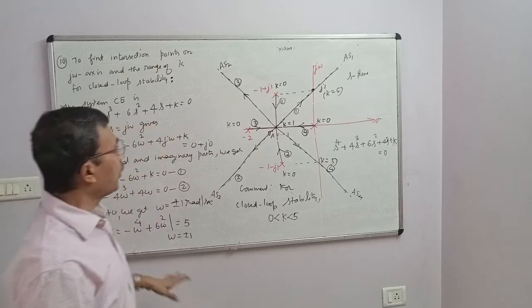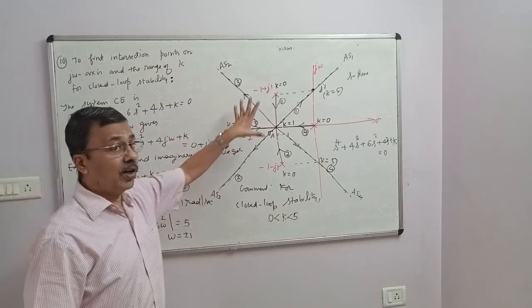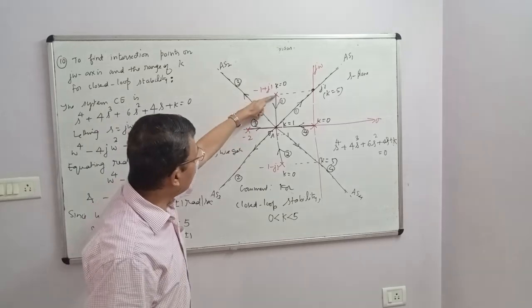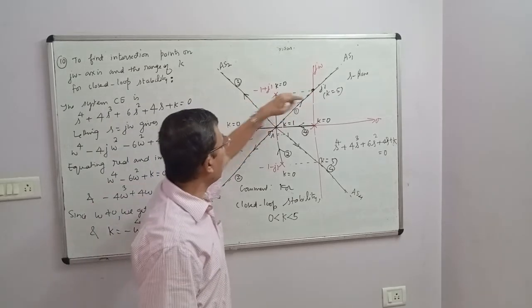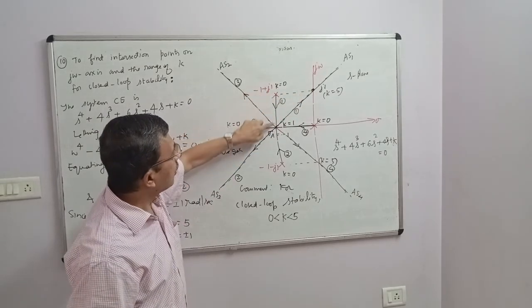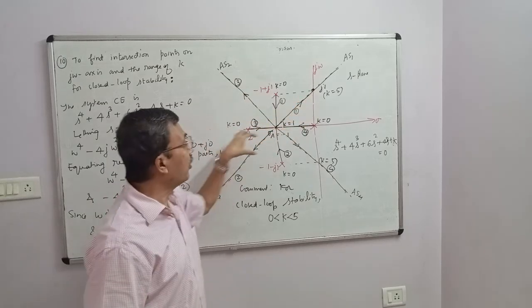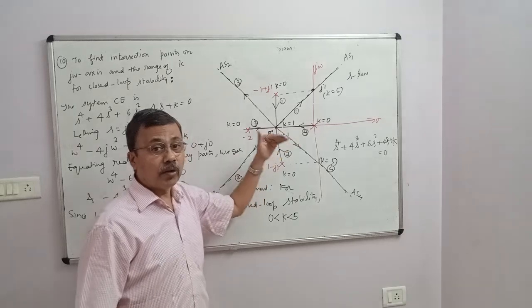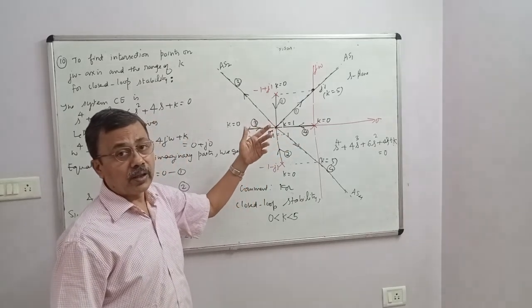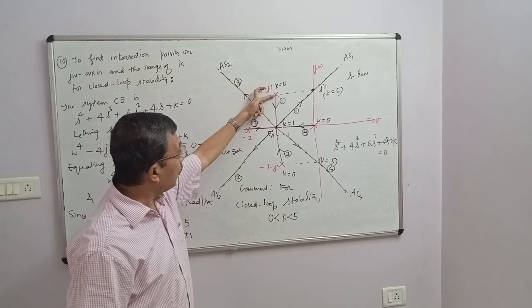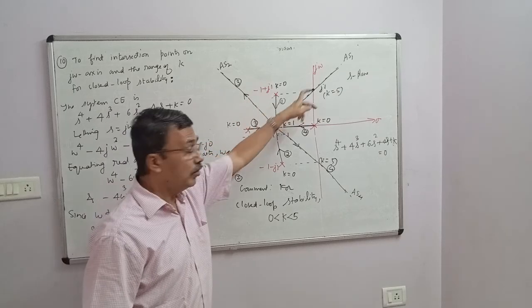For these values of k, the root locus will stay on the left hand side of the s-plane. In the direction of the arrows, k should be increasing. Here the value of k is 0, here the value of k is 1, here the value of k is 5. So common sense wise also, the values of k are in agreement with our convention. Correct? So again, in the direction of the arrows, k should be increasing.